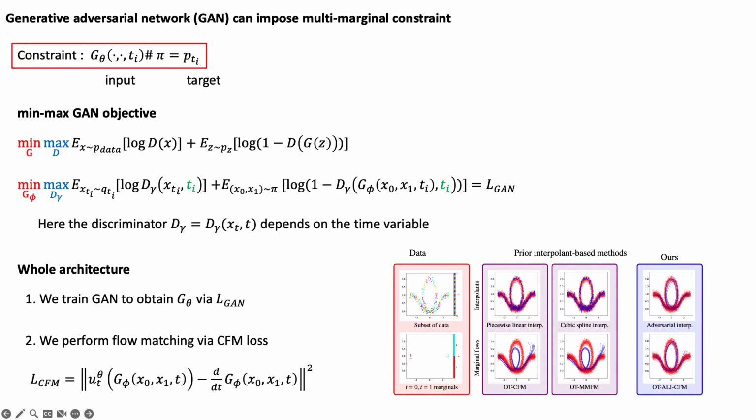So for instance, if you have a snapshot of data, which is like this dotted one, and although the picture looks small, here is t equals 0 and t equals 1, which are the input and final point. Then using this adversarial interpolant, you obtain, in some sense, some nice flow.